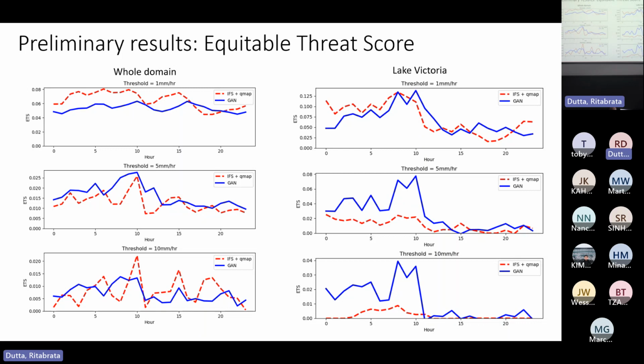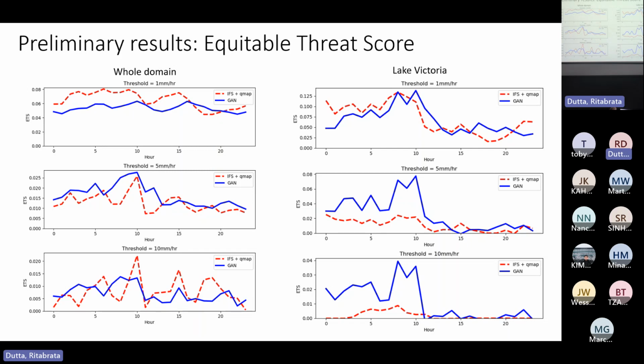Looking at something a little bit more based on a score that is based on events happening, we've been looking at things like the equitable threat score. So it's looking at how well it's dealing with false alarms and hit rates and false positives and stuff like that. Over the whole domain, you can see that there's not really an obvious change there.